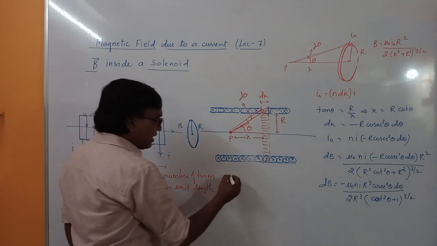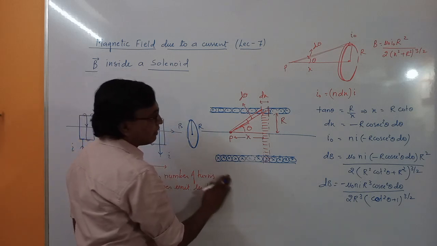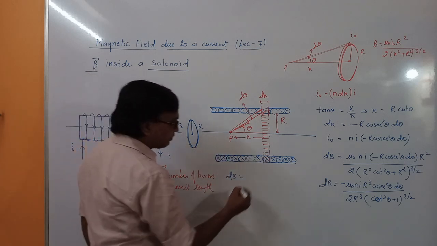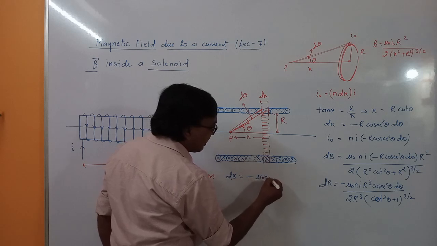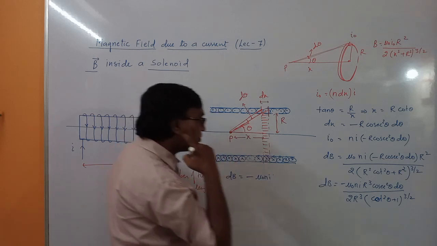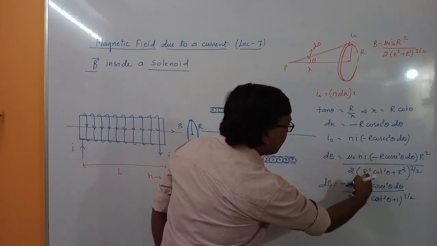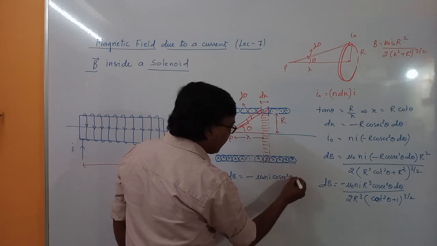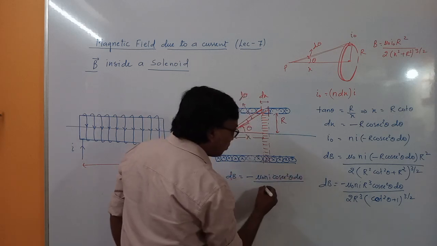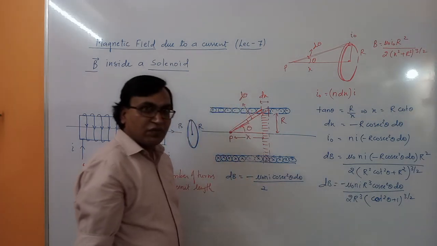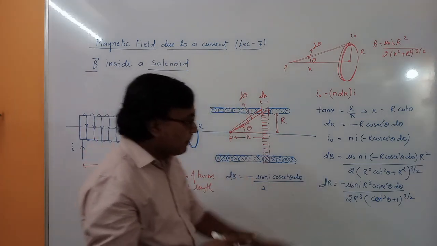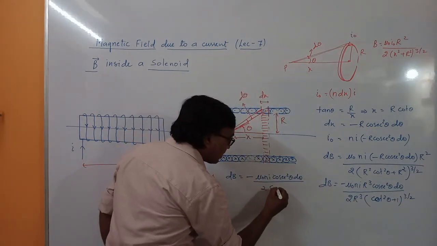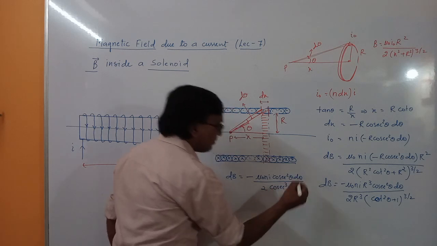So dB is equal to minus mu naught n I r cube cosec square theta d theta by 2 into 1 plus cot square theta raised to 3 by 2. Here we have r cube and r cube, which cancel out. 1 plus cot square theta is cosec square theta, so cosec square theta raised to 3 by 2 is cosec cube theta.